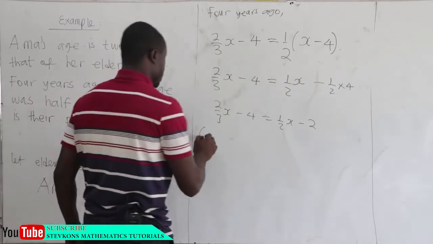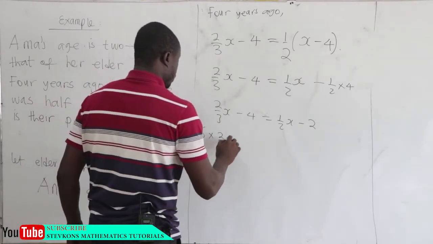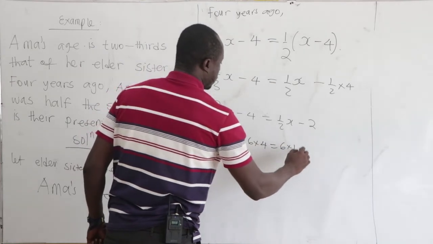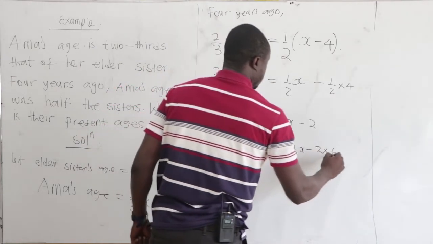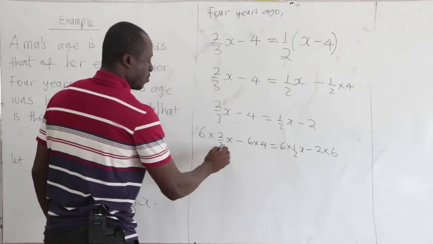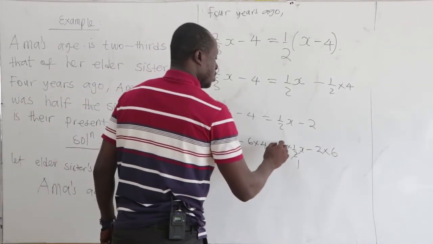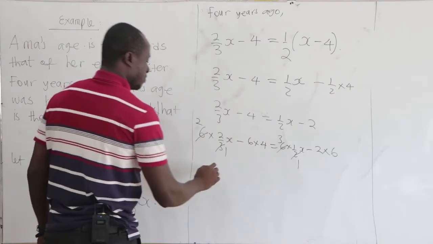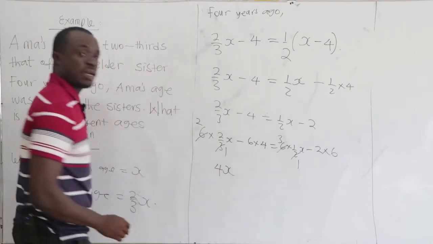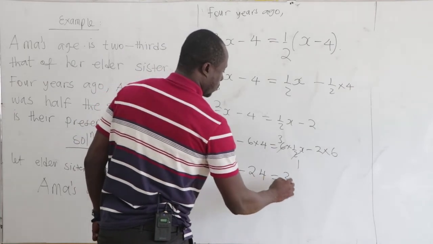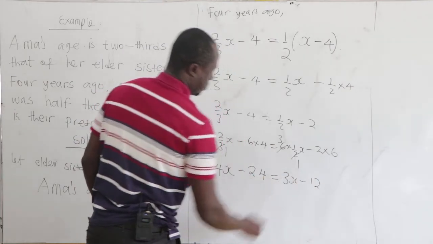So here we have 6 times 2 over 3x, 6 times 4, 6 times 1 over 2x, 2 times 6. Now 3 will go here 2 times. 2 will go here 3 times. Now 2 times 2, that is 4x. 6 times 4, that is 24. We have 3x minus 12.